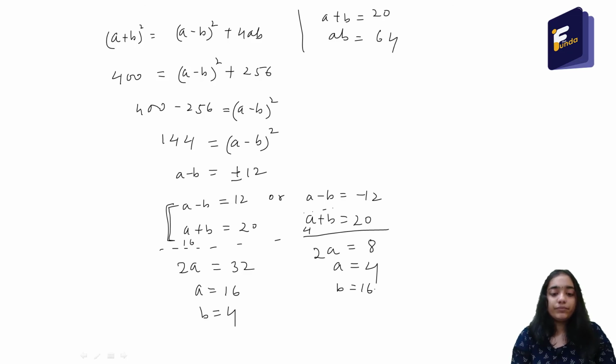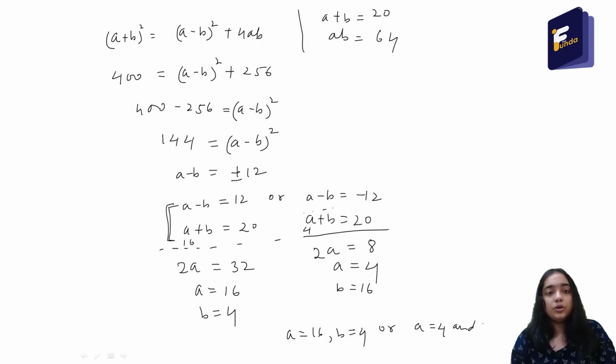So the answer is a equal to 16 and b equal to 4, or a equal to 4 and b equal to 16. So this is the answer to the question. Simple. Whenever these kind of questions will be asked, just follow this procedure that I have told you here.